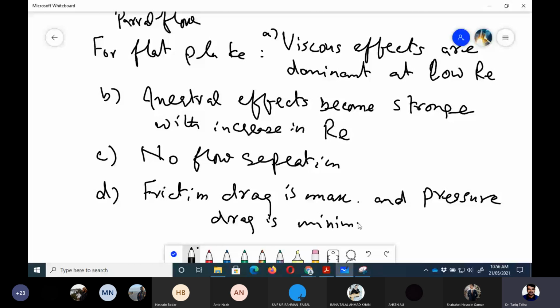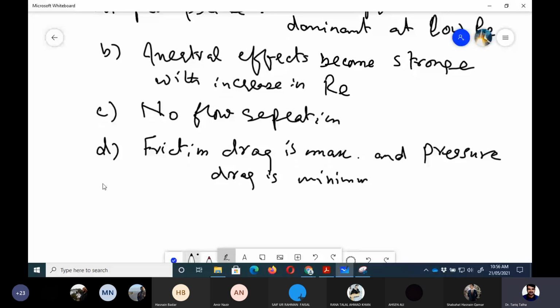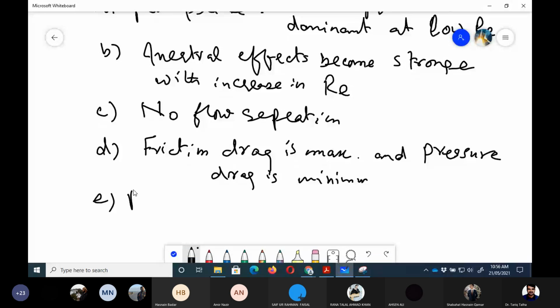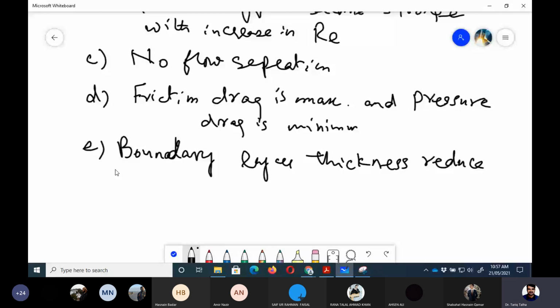And then the last point we can say here is that boundary layer thickness reduces with increase in Reynolds number.